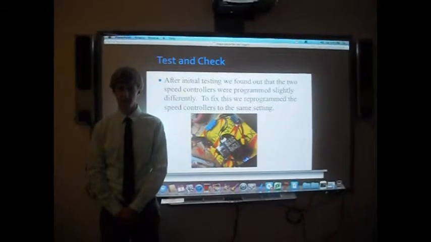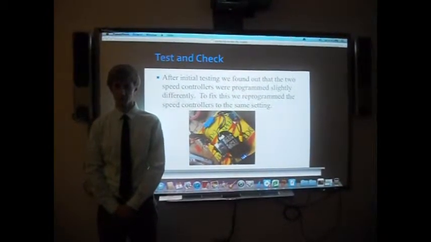After initial testing, we found out that the two speed controllers were programmed slightly differently.